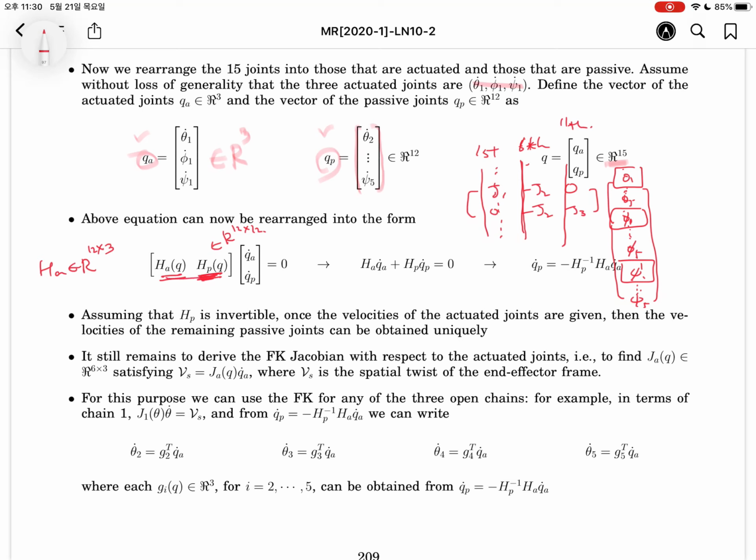So let's denote this equation like this. In here, the qP can be calculated using the inverse of the HP because HP is a square matrix.